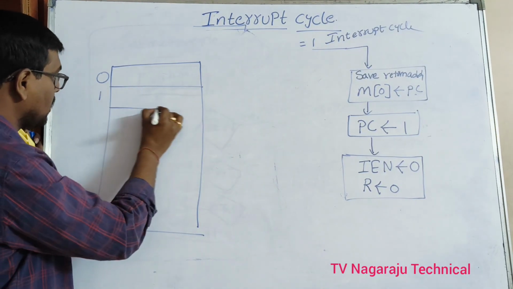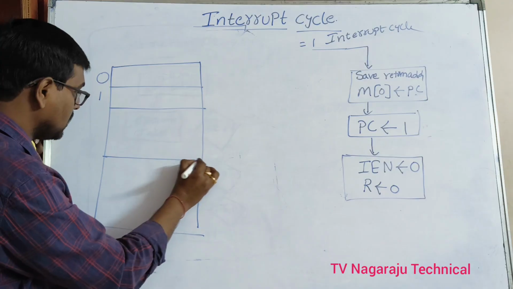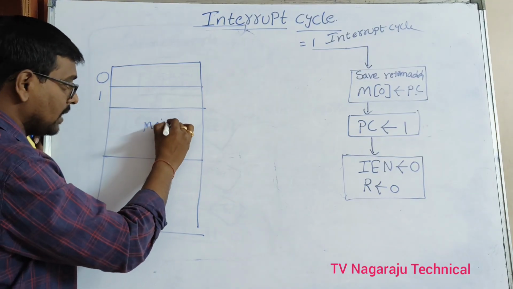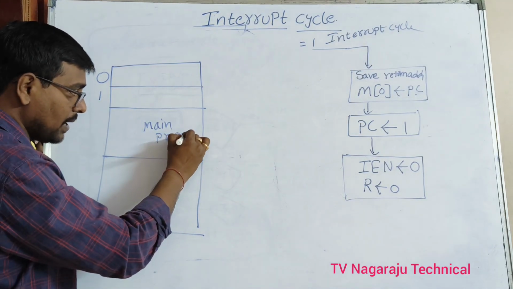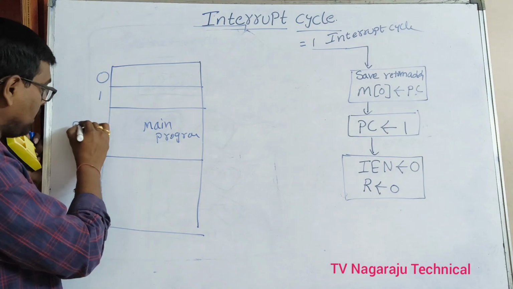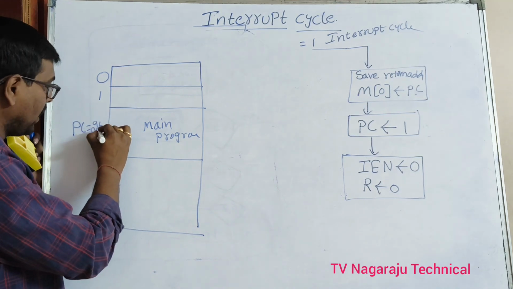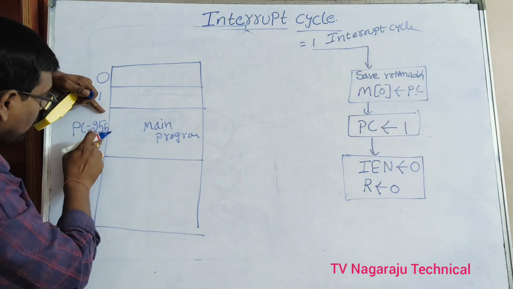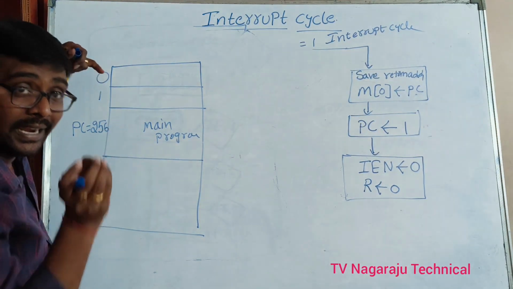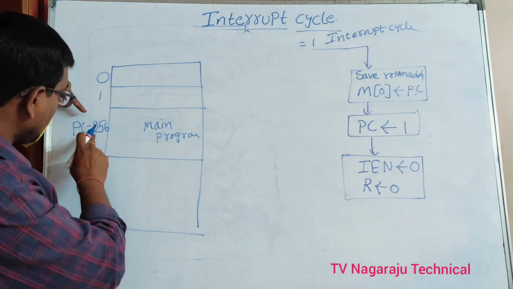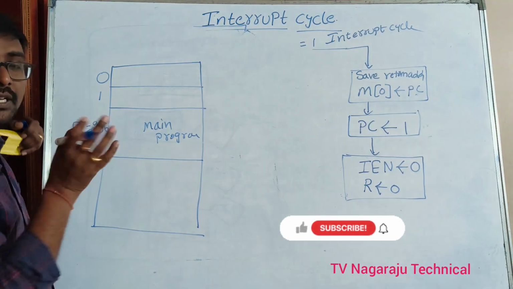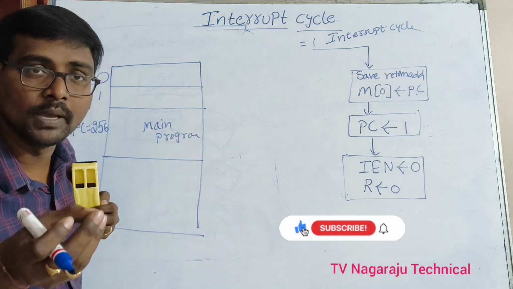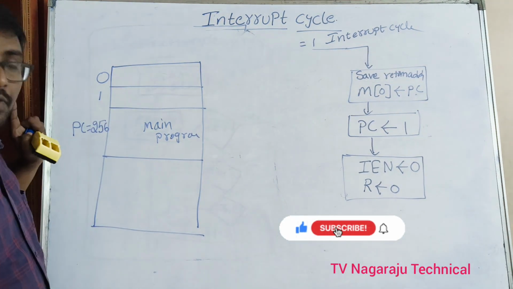The first location of memory. Assume this is my main program, that is, currently I am executing my program. Initially PC can be any value, suppose 3, 4, 5, and so on. Right now, my next instruction to be executed is at address 256.